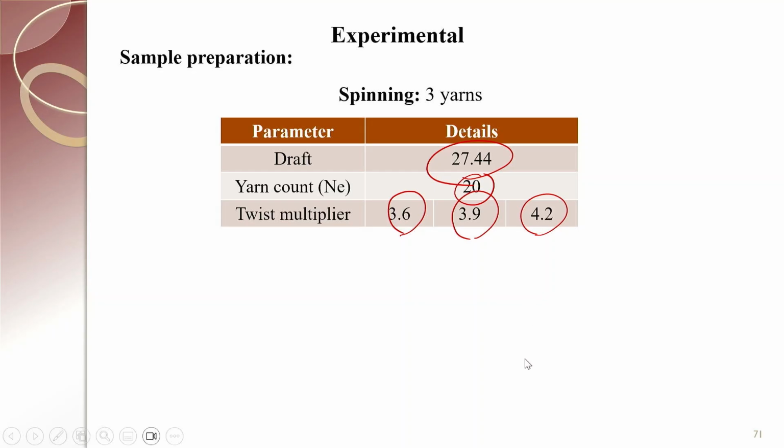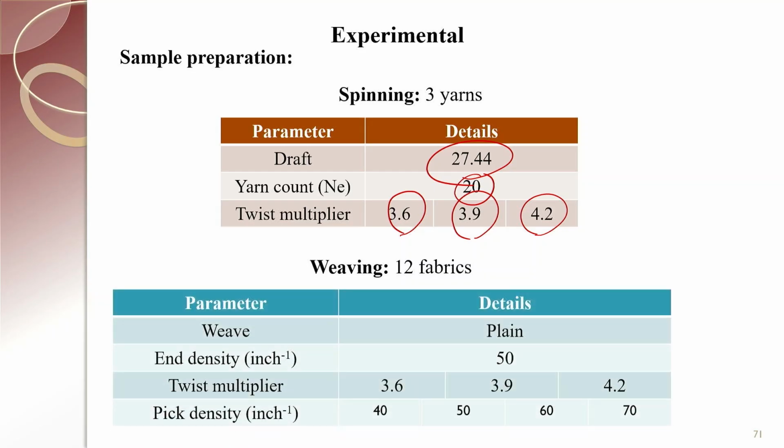So, twist multiplier has increased, and from there we produced 12 woven fabrics of plain weave.